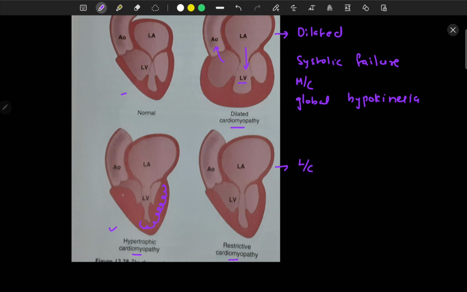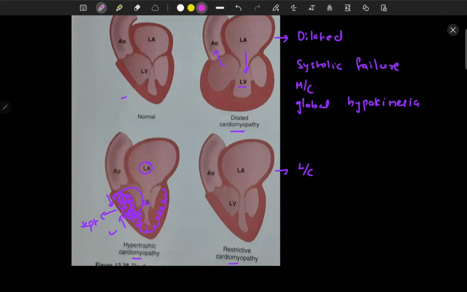In hypertrophic cardiomyopathy, you can see from the normal heart that there is hypertrophy of the myocardium, and the more hypertrophy is seen near the septum, especially on the upper side. This is the left atrium and left ventricle, and this is the septum. So when there is ventricular systole, when the ventricle tries to contract, the septum decreases in length, so it will bulge out and cause obstruction to the outflow from the left ventricle.